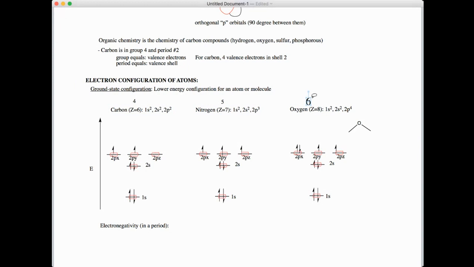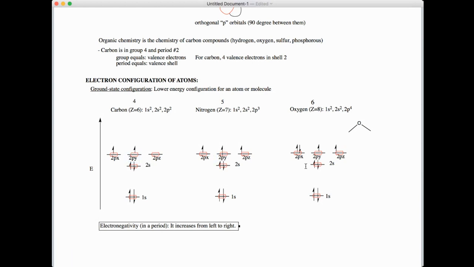That's correct. And does anybody know why it increases? So it increases from left to right. Because there are more electrons within the same shell, and there are more protons too. So the important thing is in the same period, in the same row, remember the valence shell is the same.